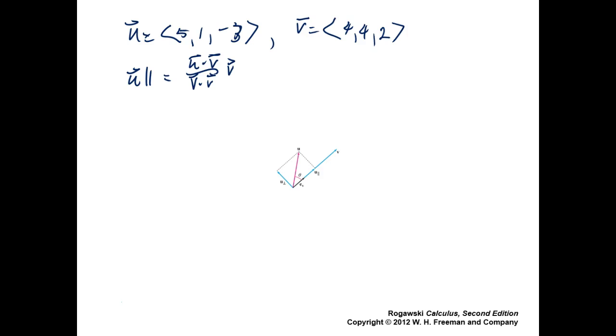Let's make sure that's the way. They put a little V here. I just want to make sure I use the same nomenclature.